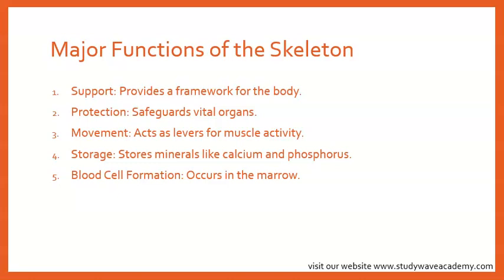Protection safeguards vital organs. The bones act as a protective shield for vital organs. For example, the skull protects the brain, and the rib cage shields the heart and the lungs, right? So it serves as protection.